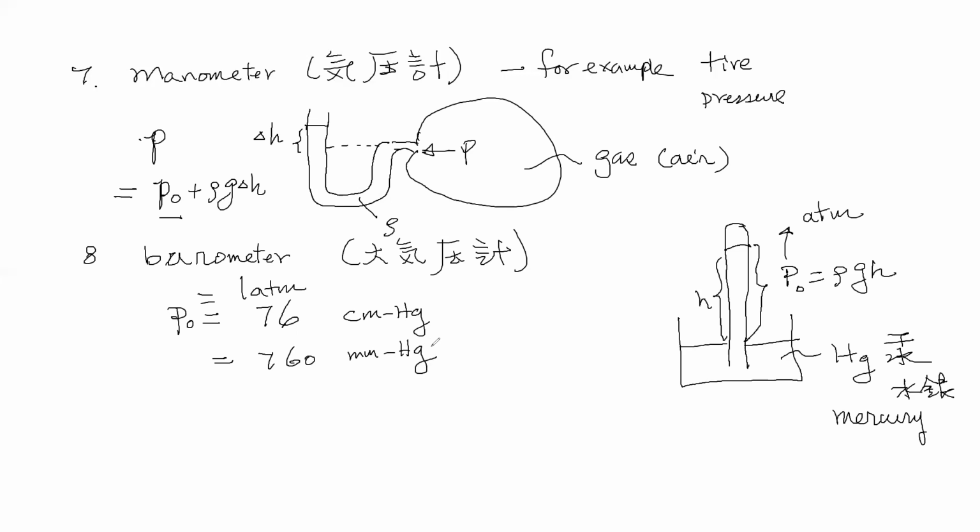And that would also, of course, be equal to 1 times 10 to the 5 Pascal, which is also equal to 10 to the 5 Newton per meter square, roughly. Okay, so that's the barometer, and number 9 is buoyancy.